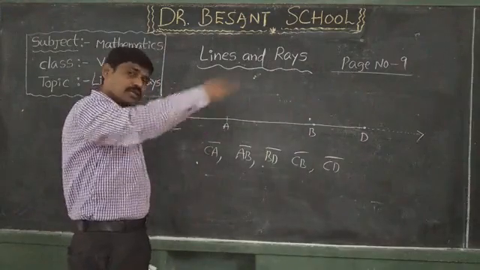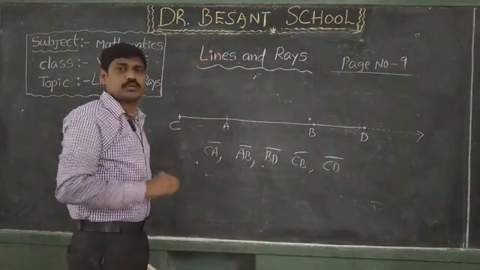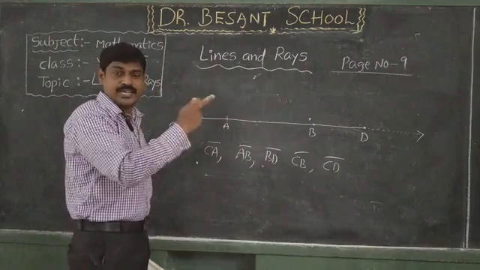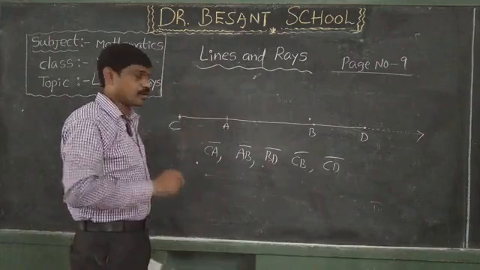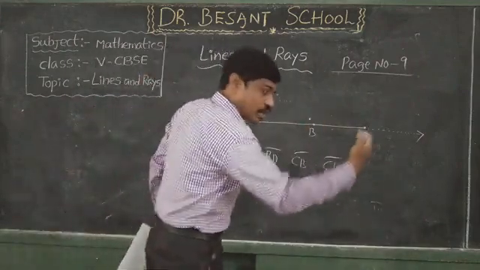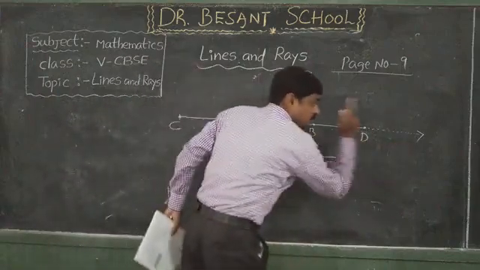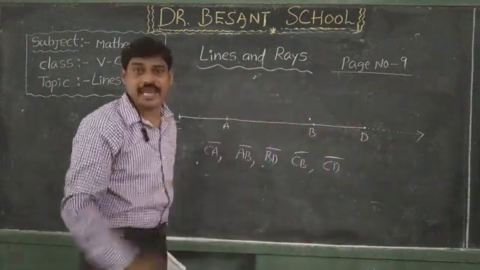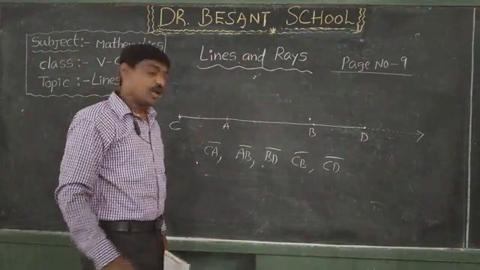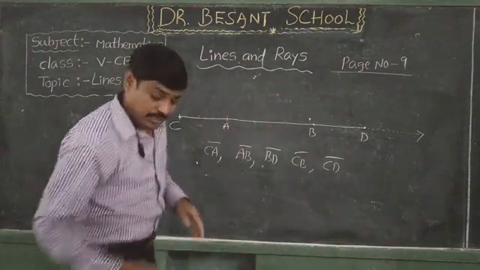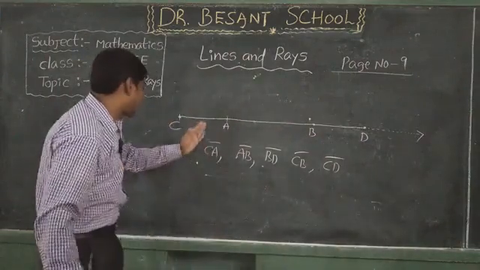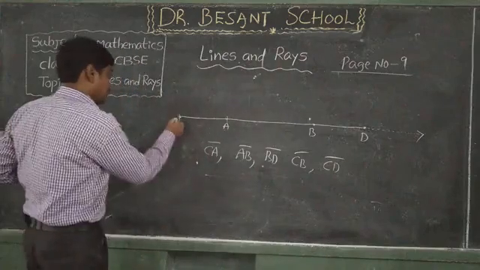That means it is a continuous process, it is going on and still does not end. It is going on from one side. Now it becomes what? A ray. Now the left-hand side also you can extend.